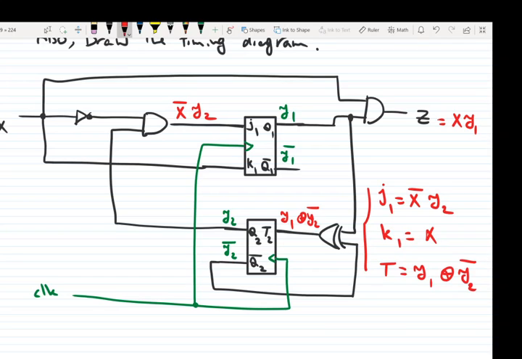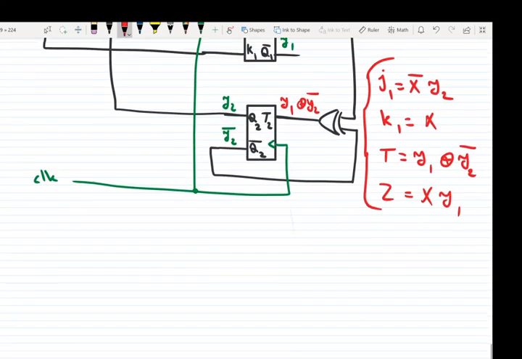We just got these three important equations as well as Z equal to X Y1. These four functions are very important in order to solve the problem.